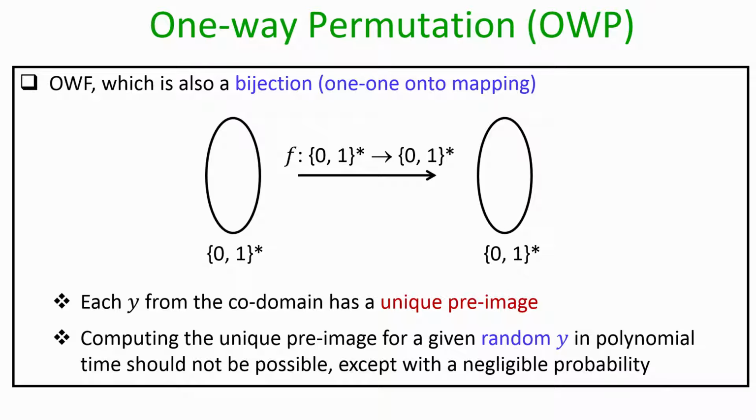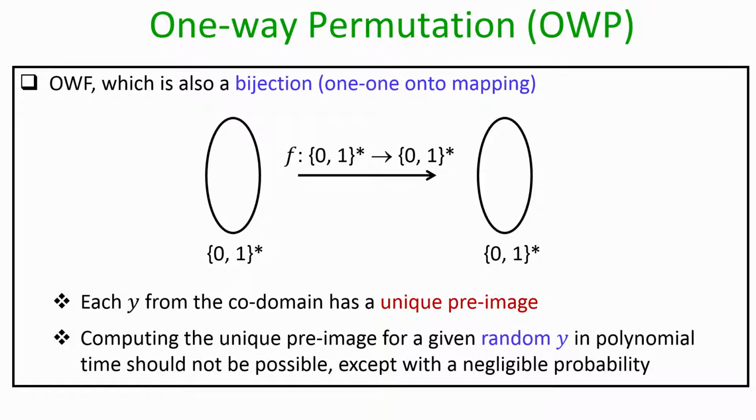Notice that both in the case of one-way function as well as in one-way permutation, we put the restriction that the inversion algorithm should take polynomial amount of time, because if we do not put any restriction on the amount of time which is given to the inversion algorithm, then there always exists a brute force algorithm, namely the algorithm can try over all possible candidates x from the domain, and definitely it will hit upon one x which would give the random y which is thrown as the challenge.